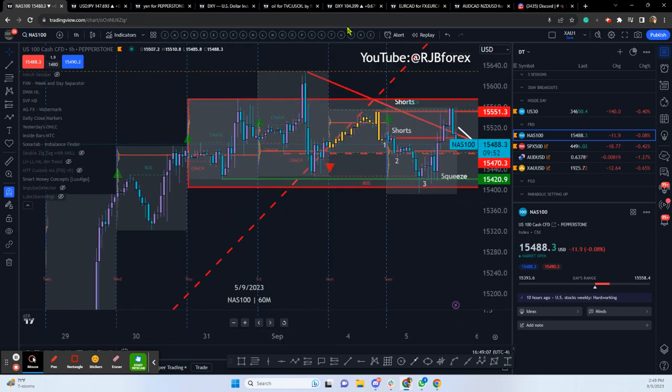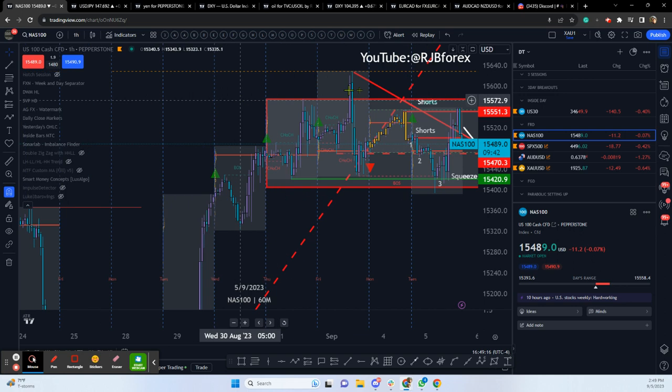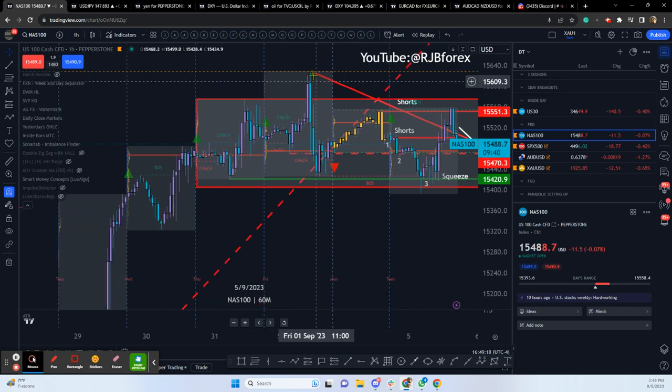Now, to qualify as a first red day, you actually have to come up high, ideally the high of the week. So that was the high of last week. And then close low, close below the open. And that is an official red day, right?